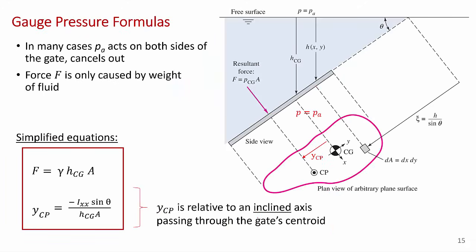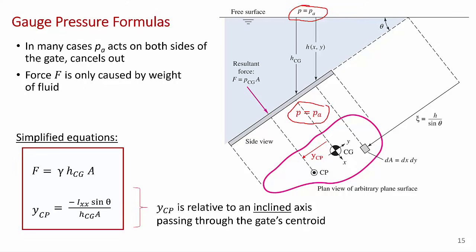Now, sometimes you might be looking at a gate or a personnel access cover on a tank, and the inside pressure and the outside pressure is different. So then you would have to use the formulas that we just derived. But in many, many cases, and you're going to see this when we do problems, the pressure at the free surface, so the atmospheric pressure here, is the same as the pressure on the other side of the gate.